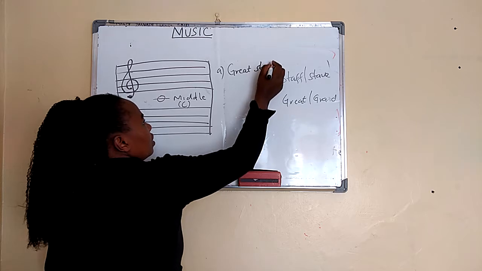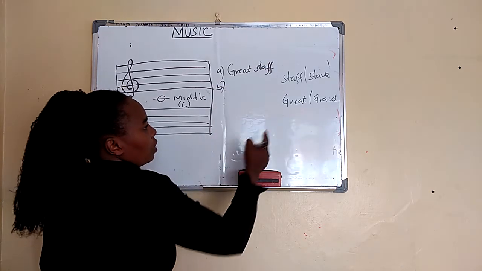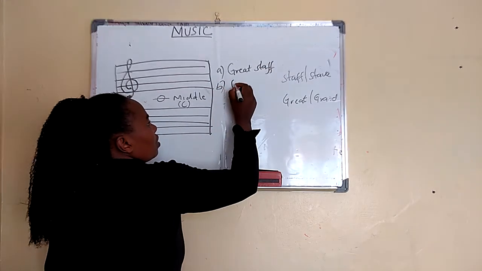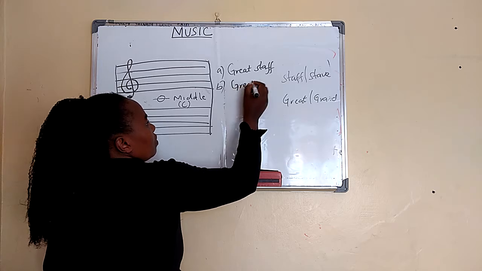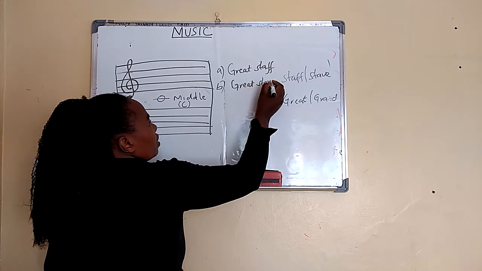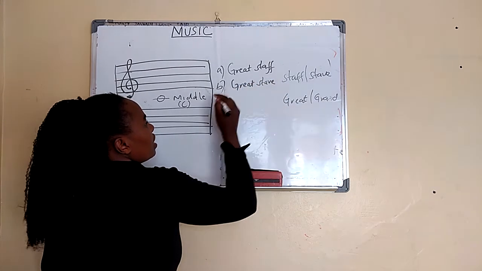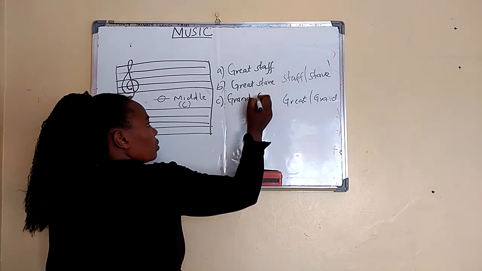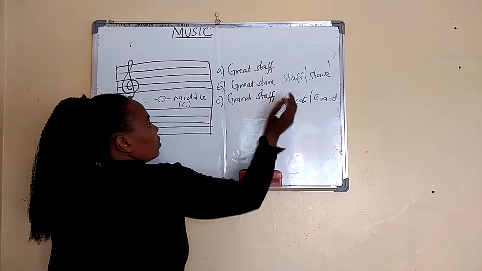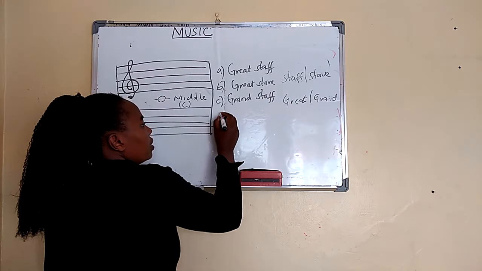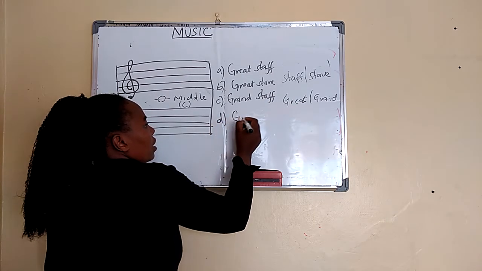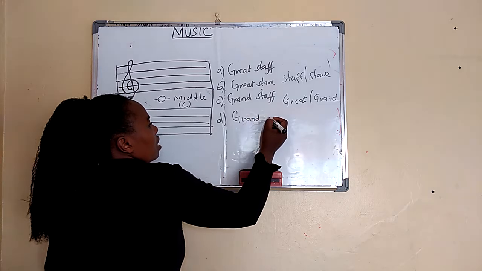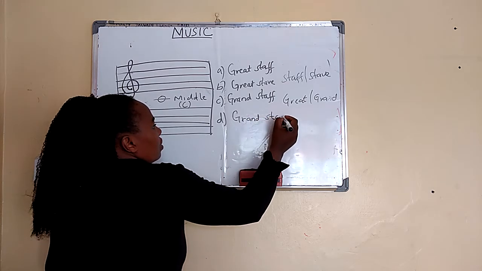B will be great stave. C will be grand staff. Or D, grand stave.